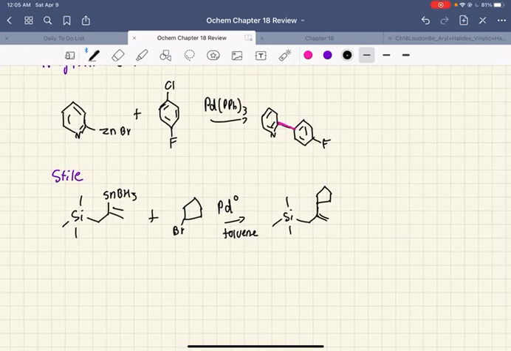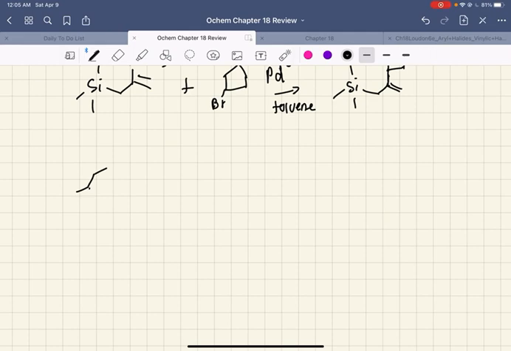That's Stille coupling. Here we can find one more example of Stille coupling, actually. We'll use an aryl triflate. So let's take this example.